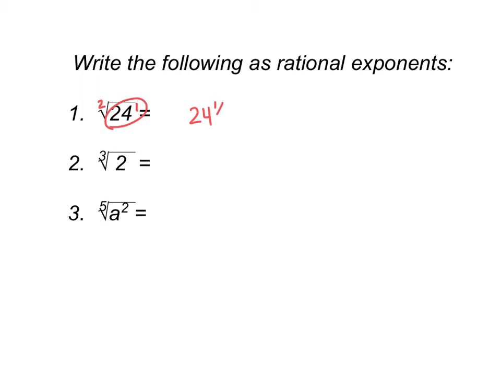The power goes on the top, and the root goes on the bottom, so I could write this as 24 to the 1/2 power. We talked about this early in the year. The next one I could write has a power of 1, 2 to the 1/3 power. The last one I could write as a to the 2/5 power. Now that's going to be important for what we're doing in a minute. That's why we're reviewing it.